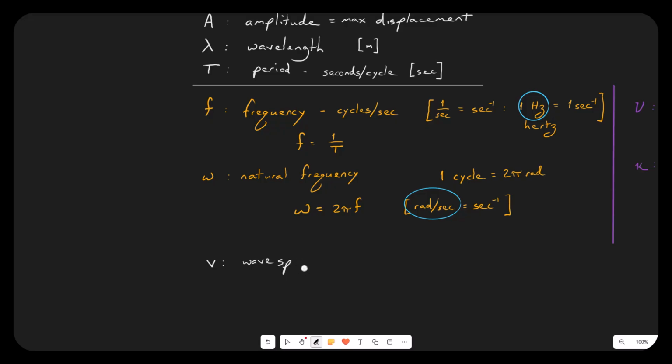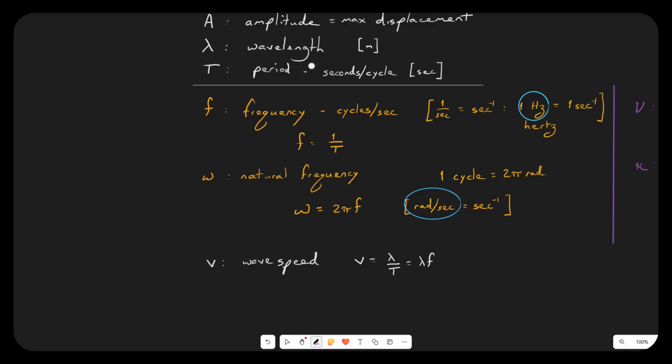Well, if that's going to be some kind of a speed, it should probably be written in meters per second. And it is. We're going to say V is equal to lambda over T. Meters divided by seconds. Because 1 over T is the frequency, we can also write this as lambda times f.